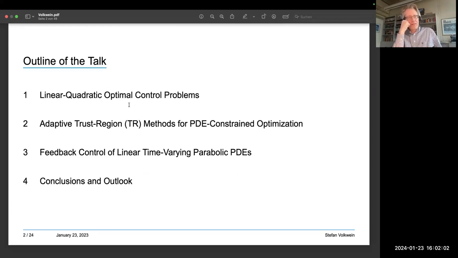So the first one is something from the past a bit. Maybe some of you know, maybe for some of you, it hopefully is a good summary of what was going on in the last years. And probably for some of you, it's not so known because we know there are many groups working on reduced order modeling, and you cannot keep an eye on all of these groups. So it's on linear quadratic optimal control problems.